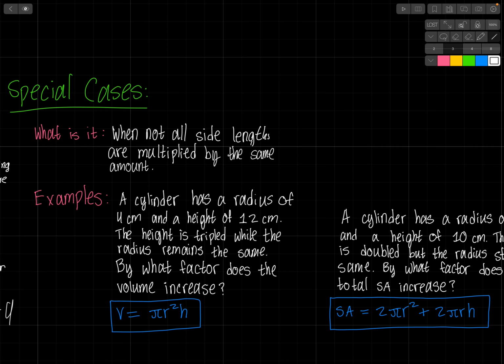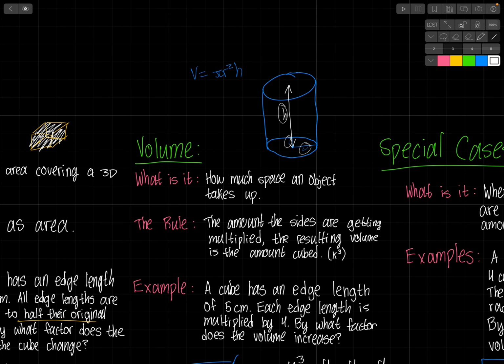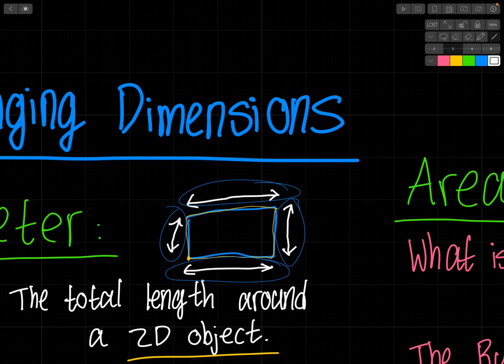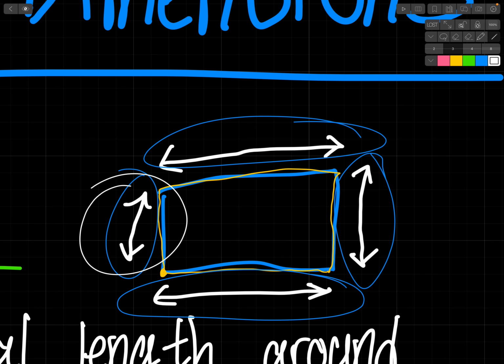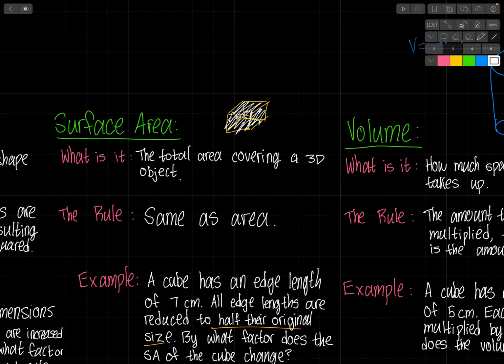So, when not all side lengths are multiplied by the same amount. These are special cases where, for example, let's go to the rectangle, where the widths will be multiplied by 2, but the lengths will stay the same or be multiplied by 4.